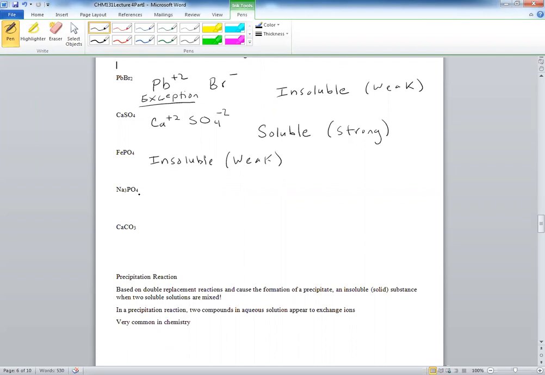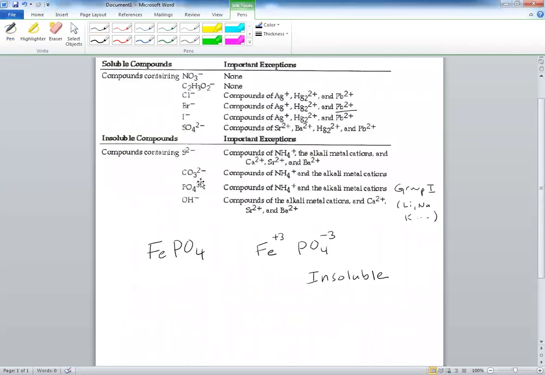Let's see Na3PO4. That's Na plus, and of course, it's still PO4 minus 3. Let's see. PO4 should be insoluble. We just talked about it. But let's see if Na is one of these. It's not ammonium, but is it one of the alkali metal cations? Yes, it's in group 1.